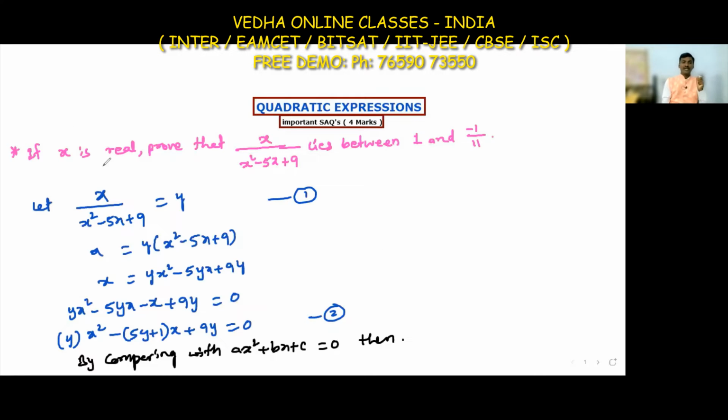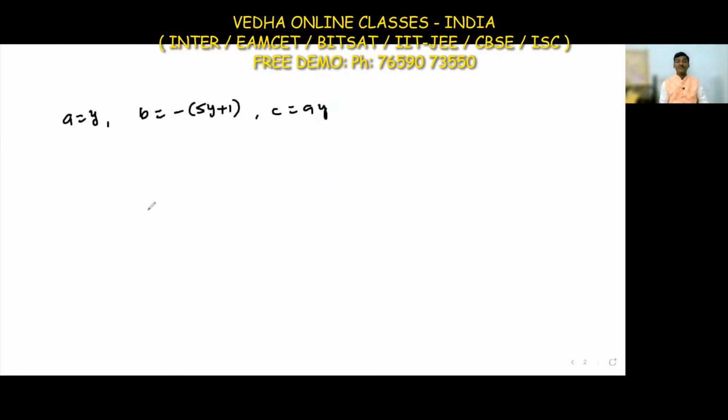And given that x is real, or sometimes it will be given as x belongs to R, both the meanings are same. It is a real number. Real number means delta, the discriminant value, is greater than or equals to 0.